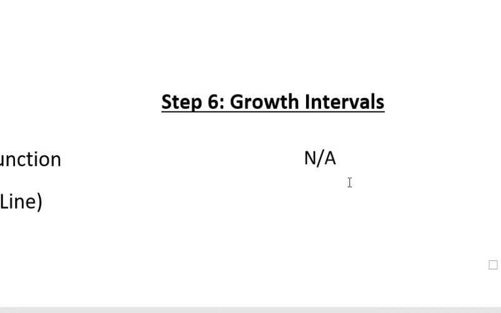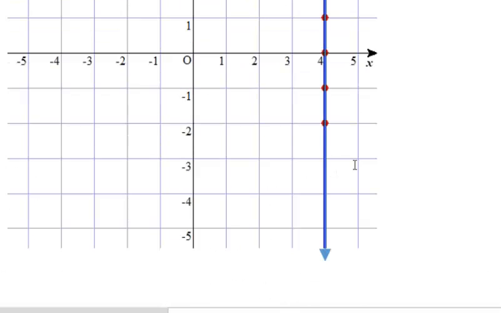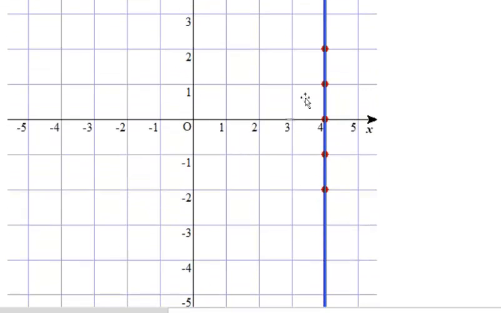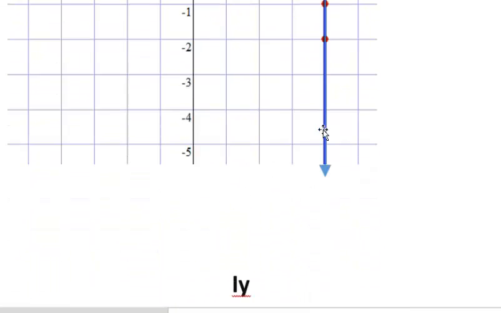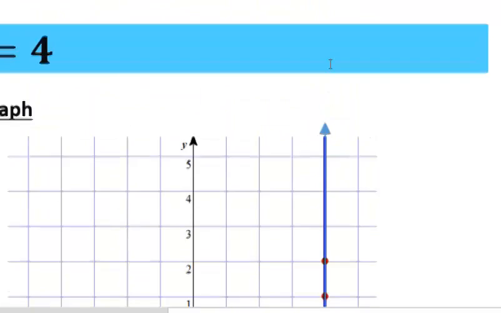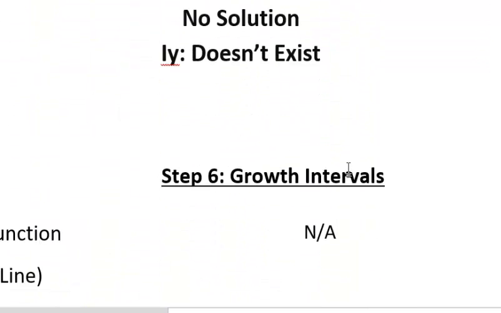So we put that this thing is not applicable. It's something that you cannot check. It has nothing to do with the drawing, because this drawing is not a function, so we cannot analyze the growth interval. You could put that it's not applicable, but why? Because it's not a function.